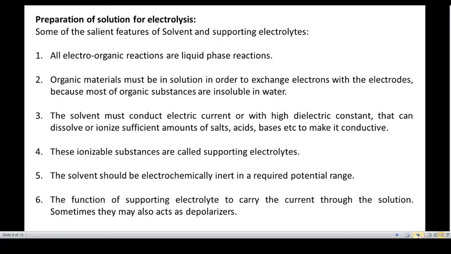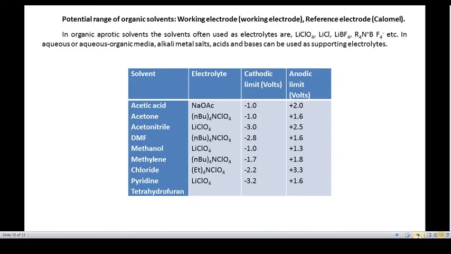And the solvent should not be involved in the reaction. It is just used to dissolve the chemical substance. The solvent should be electrochemically inert in a given potential range. The function of the supporting electrolyte, as I told you, is to carry the current through the solution, and sometimes they may act as depolarizers also.